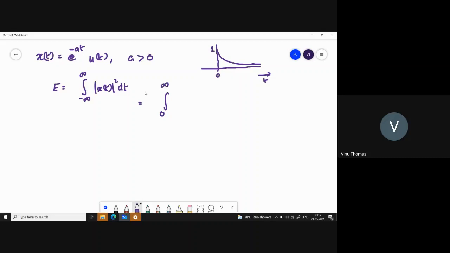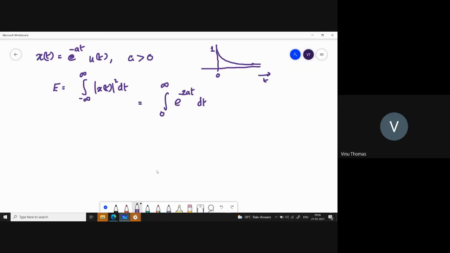So what remains is e raised to minus at the whole square. So modulus of e raised to minus at the whole square is e raised to minus 2at. This is a real signal. So instead of modulus, you can just square the signal. e raised to minus 2at into dt. Because the unit step excludes the negative side of the signal.